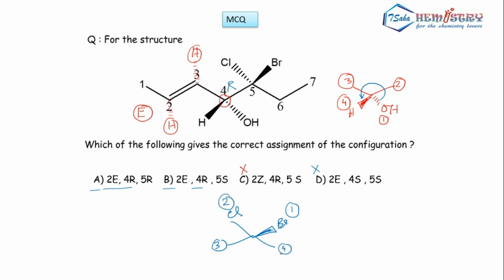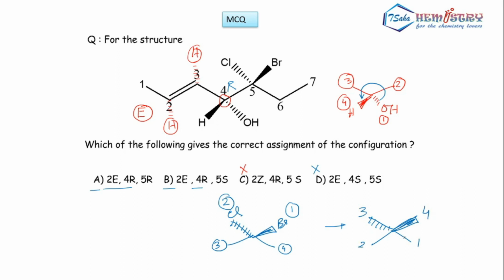Because the fourth priority group is not present below the plane or above the plane, we should change the configuration like this: 4 should come over here, 1 will go there, 3 will come here, 2 will go there.